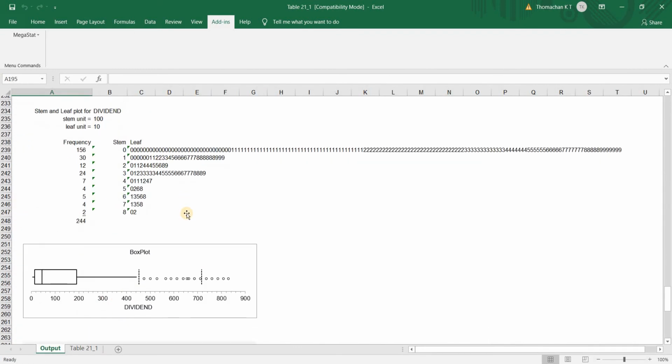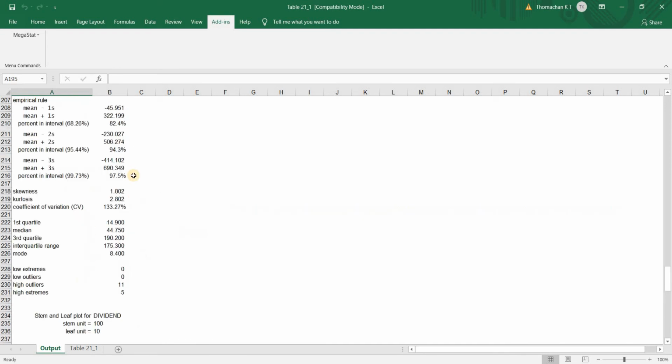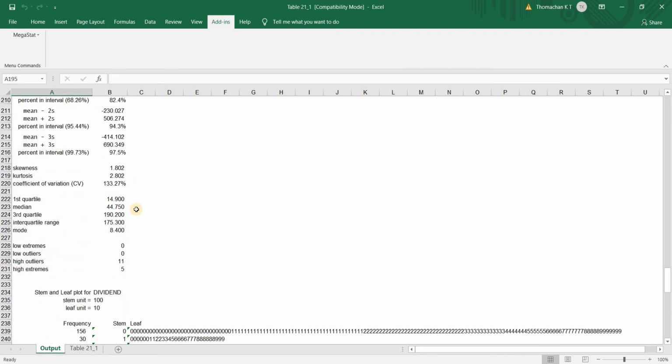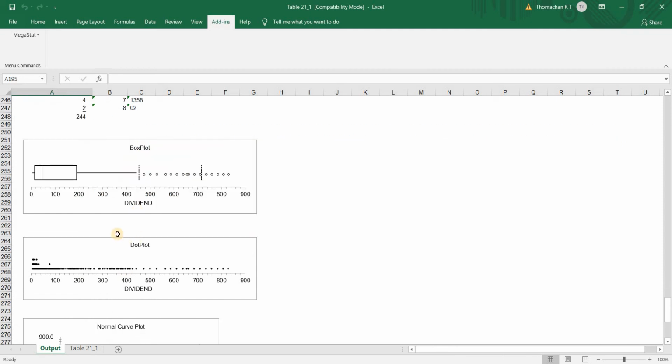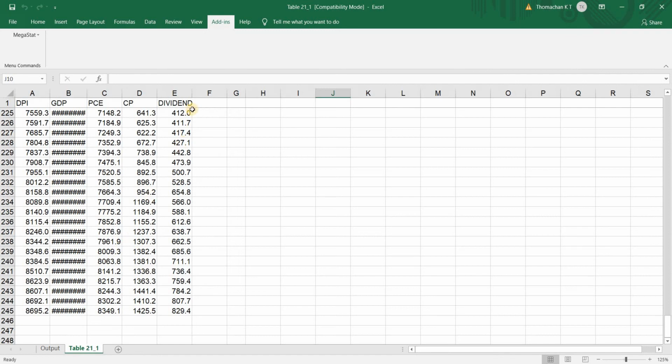What I get here is count, minimum, mean, median, percent, everything is there. You can see that there are so many outliers here, and it is far away from normality. As you can see, normal curve is not at all linear, far away from linearity.